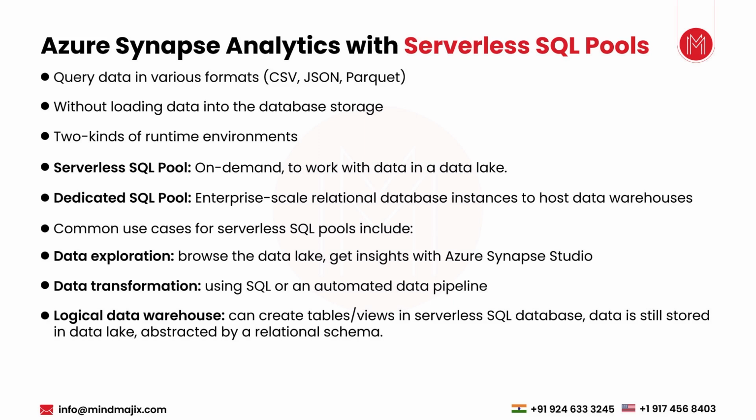And the generic purposes of using this activity are data exploration, transformation, and the logical warehouse. When I say logical, it applies only to the serverless SQL pool. And if you are using a dedicated SQL pool to query your data, it is not logical, it is a physical data warehouse.